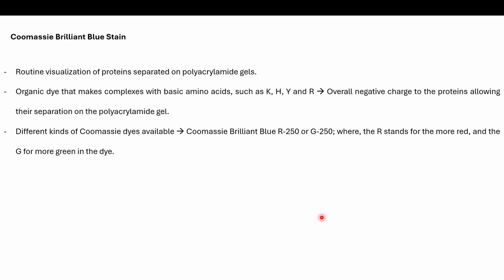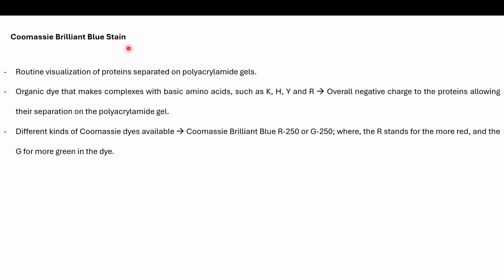Now, after your gel has run, bromophenol blue is the tracking dye, but now you have to really visualize where your protein of interest is located on the gel. So there's Coomassie brilliant blue, a particular kind of stain that binds to proteins, or binds to amino acids.